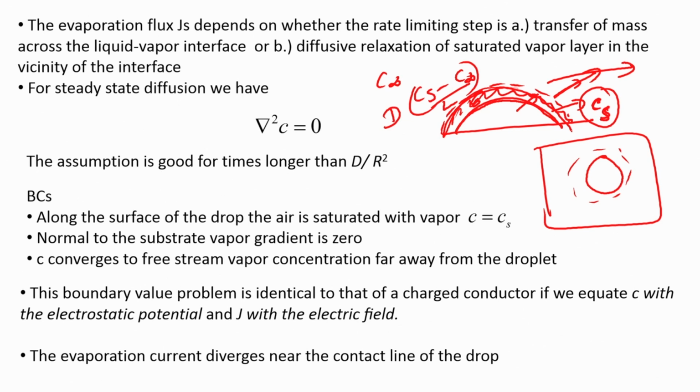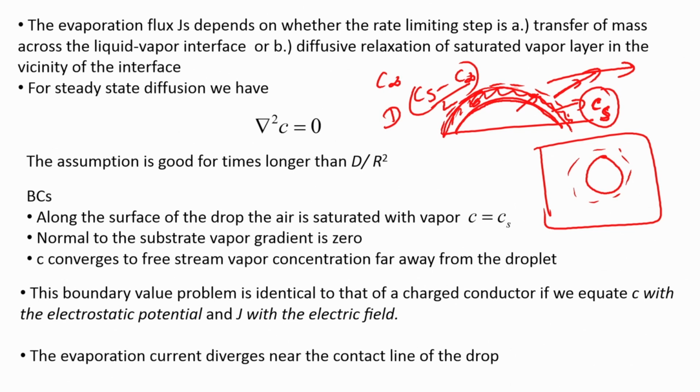So, you want the saturated vapor layer that is situated around the vicinity of the droplet surface to basically relax out, that means to diffuse out, so that you can evaporate more, right. This is the same reason why, for example, if you wash your clothes and put them to dry on a rainy day, meaning on a humid day, it takes a lot of time for them to dry, right.